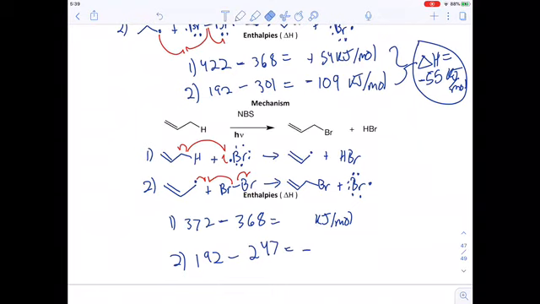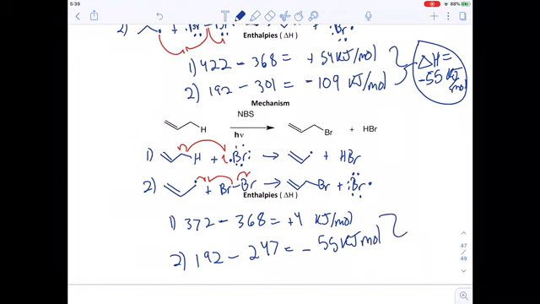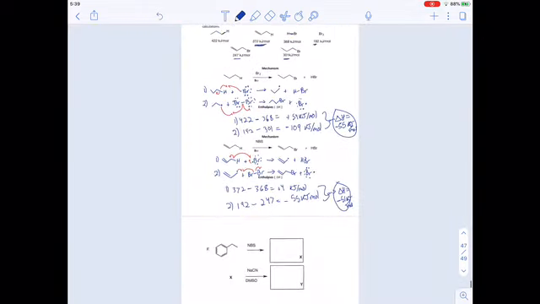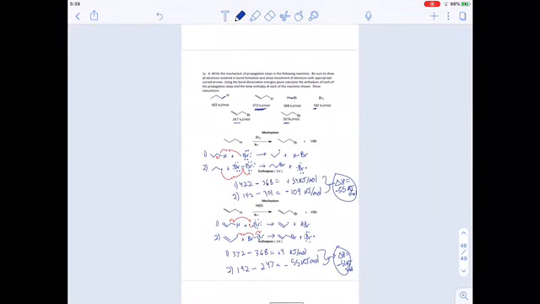And then you formed an allylic Br bond, which is 247. And that is going to give you negative 55 kilojoules per mole. So the overall for this reaction, your delta H is going to be negative 51 kJ per mole.